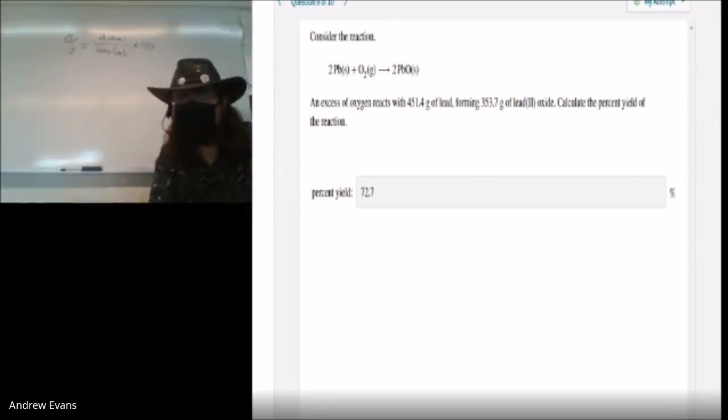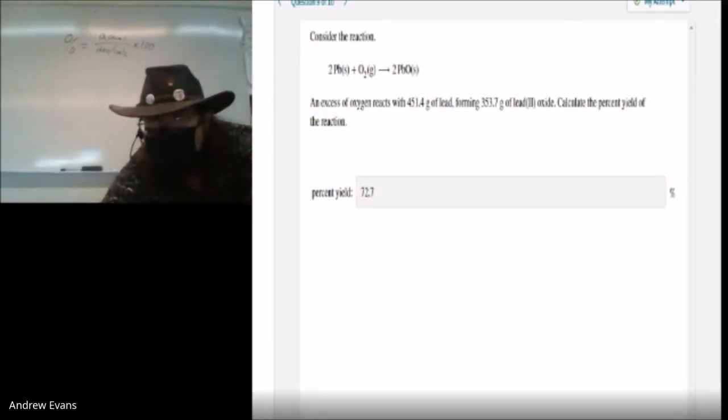That's our basic equation for this. Almost all percent yield problems will start with you being given an actual quantity and a starting reagent quantity, which you can use to calculate your percent.